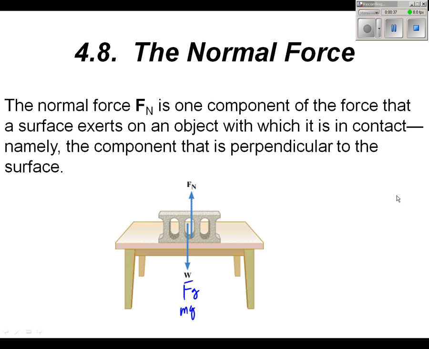That force is straight down. And the surface here pushes straight up, the normal force pushes straight up. And we know, since this object is not accelerating, that the normal force is equal to the weight in this particular case. That's true when the table's horizontal, but when we do inclined planes, the normal force does not equal the weight.